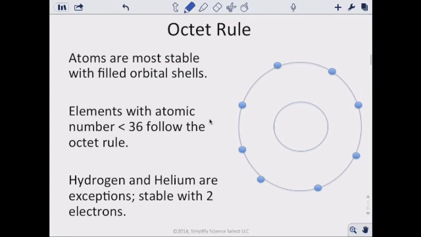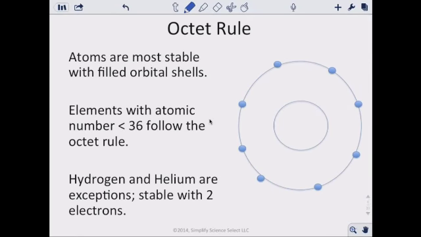Now, the octet rule. We've talked about this before, but we're going to go into a little bit more detail. Atoms are most stable with filled orbital shells. So elements with the atomic number less than 36 follow the octet rule. And in general, this is what we stick to in this class. We're usually dealing with elements with atomic number less than 36, and they follow the octet rule.